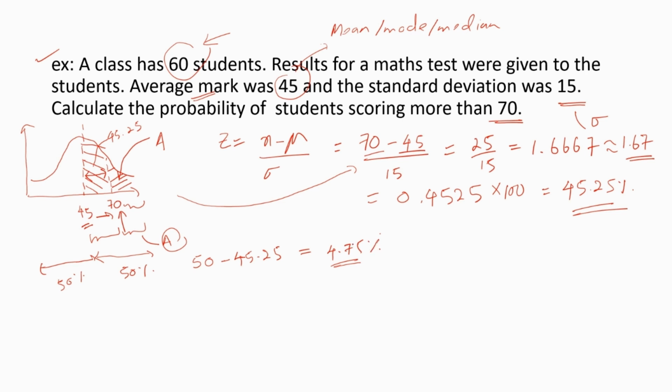I hope you understood this. This 50% is the half of the bell curve because the bell curve is symmetric around the mean value and we found the area between 45 and 70. Here we can also set this as an area because this is an area under the bell curve. Now let's do another example using the same data.